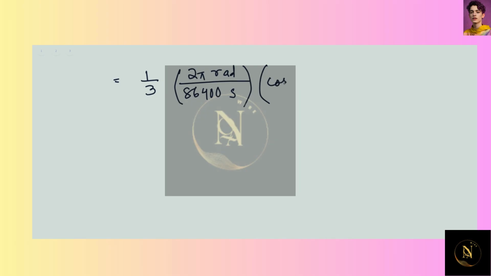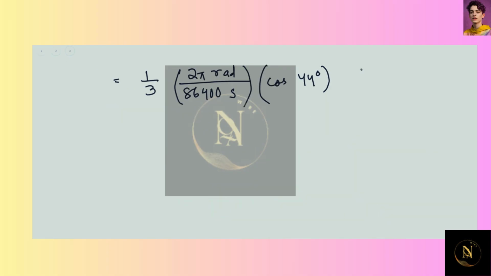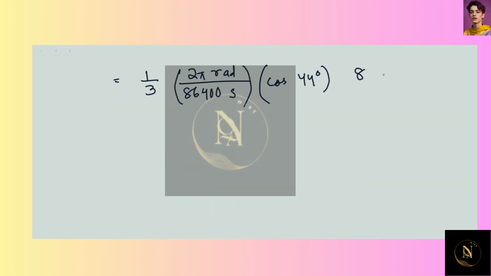Now we will plug in the value of lambda to find cosine lambda. That is equal to cosine of 44 degrees. Now we have 8h cubed over g. h is given to be 110 meters and g is 9.8 meters per second squared.